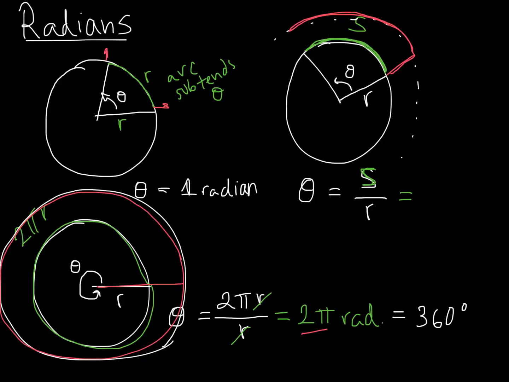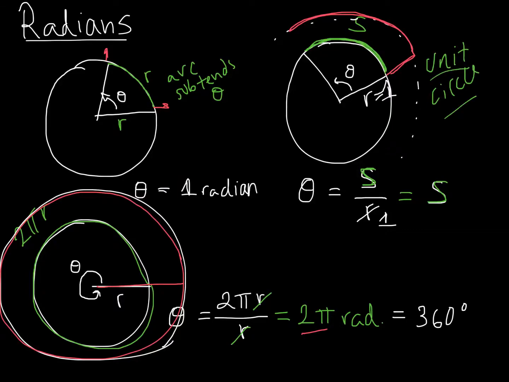I can say, let's just look at a circle with radius 1. And so when I choose the radius to be 1, this r becomes 1. And so the angle theta just ends up being the arc length that subtends the angle of a circle with radius 1. And a circle with radius 1 is what we call a unit circle.